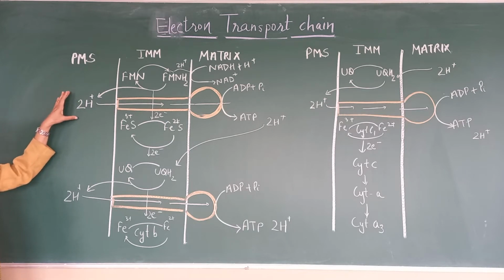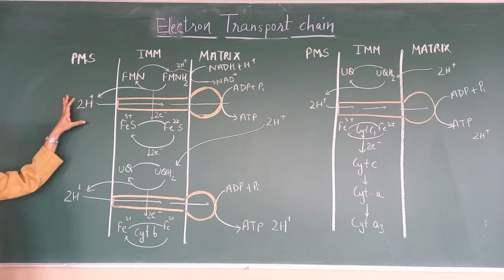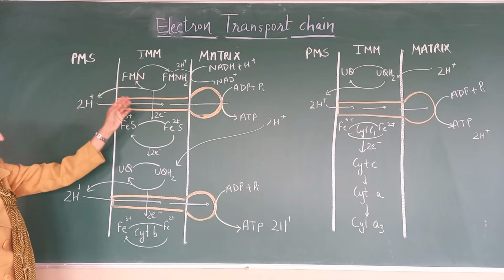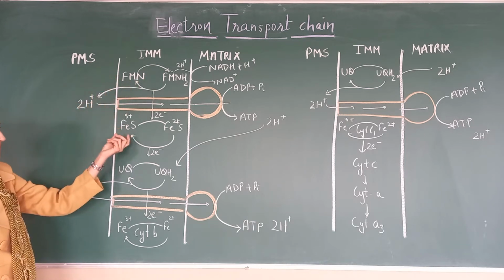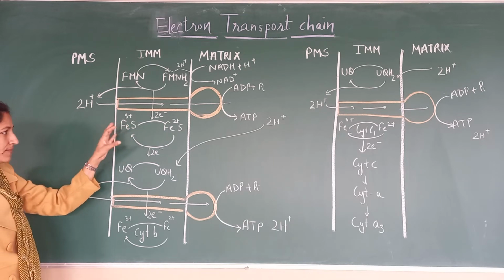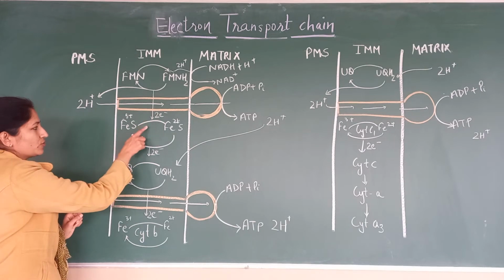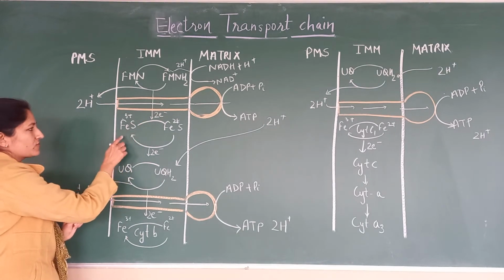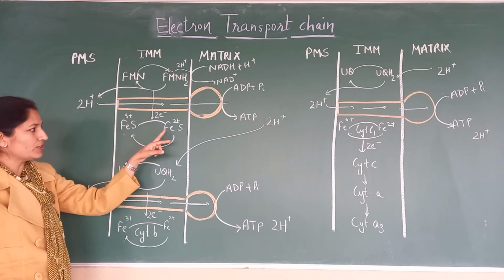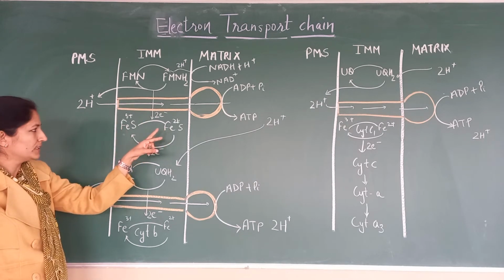The protons are released into the membranous space. An electron will be transported from this FMN to the iron sulfur protein complex, and after taking the electron, the ferric state of this complex is converted into the ferrous one.